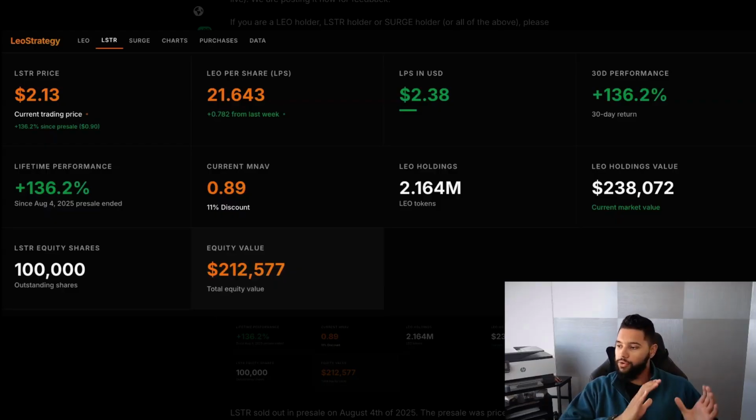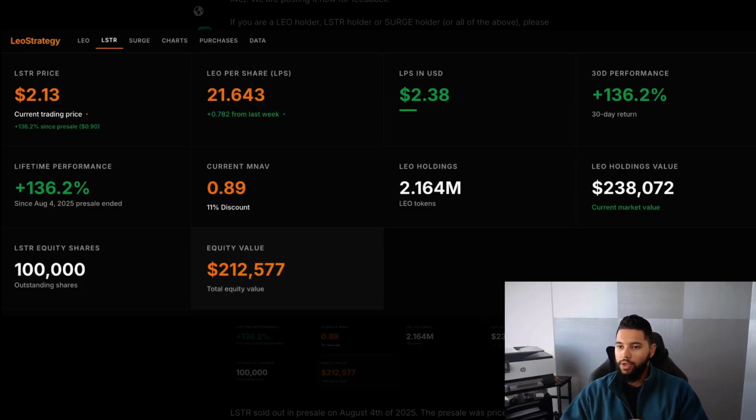If you use that same way of valuing a strategy company and apply it to LeoStrategy, now you have to value LSTR at 2.38, which is the current NAV value. But then you also have to layer in the growth, the potential velocity of accumulation of new LEO onto that. So you end up with an LSTR price of 2.38 plus whatever you expect it to add to LPS.